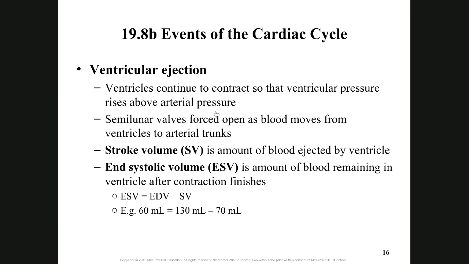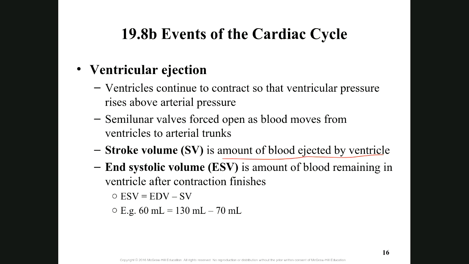The semilunar valve is forced open by the pressure of the blood, and the blood can move to the arterial trunk. This amount of blood which moved to the arterial trunk and was ejected by the ventricle is called the stroke volume. So the stroke volume is the amount of blood ejected by a ventricle.